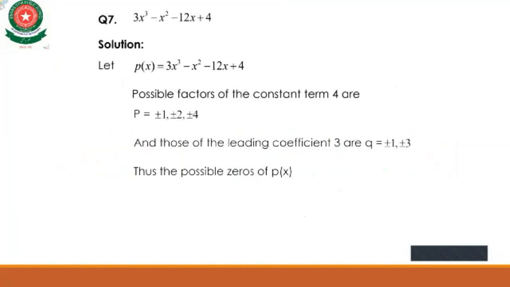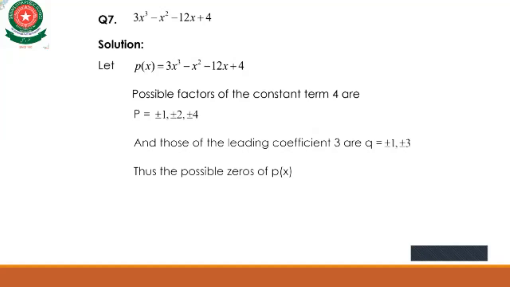Okay, here we have to find the possible factors of 4, which are plus minus 1, plus minus 2, plus minus 4. Okay, those are all the possible factors of 4. And those of the leading coefficient 3: as you know, with the greater power variable, there is a leading coefficient 3.